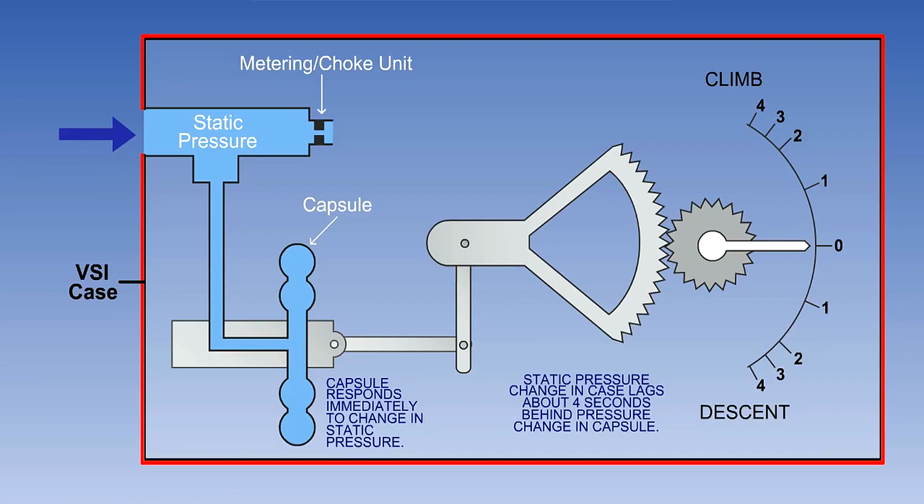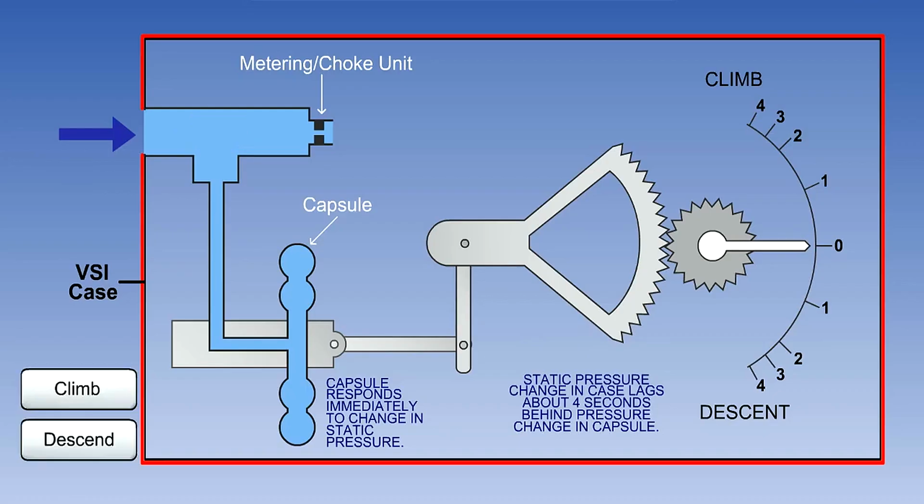Also, the rate at which the altitude is changing will be reflected by the size of the pressure differential. Once the aircraft is in level flight, the pressures will equalize after a few seconds and the VSI reading will return to zero. Climb or descend with the mouse to see the principle in operation.